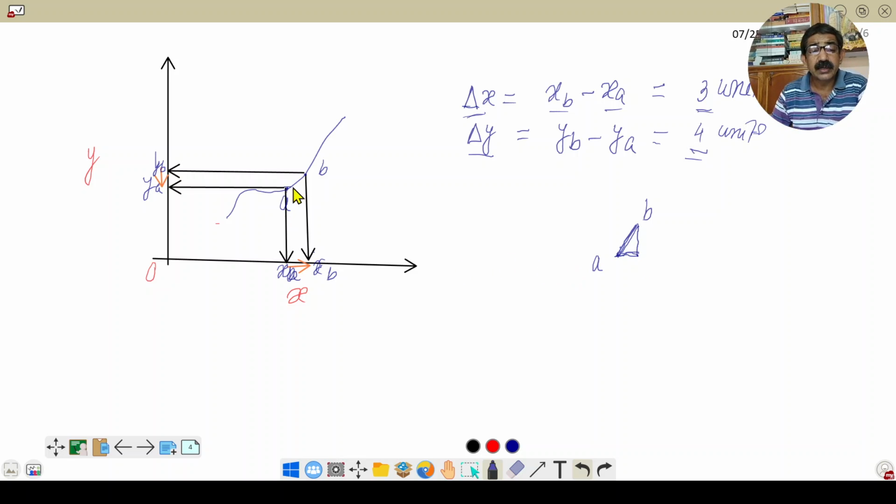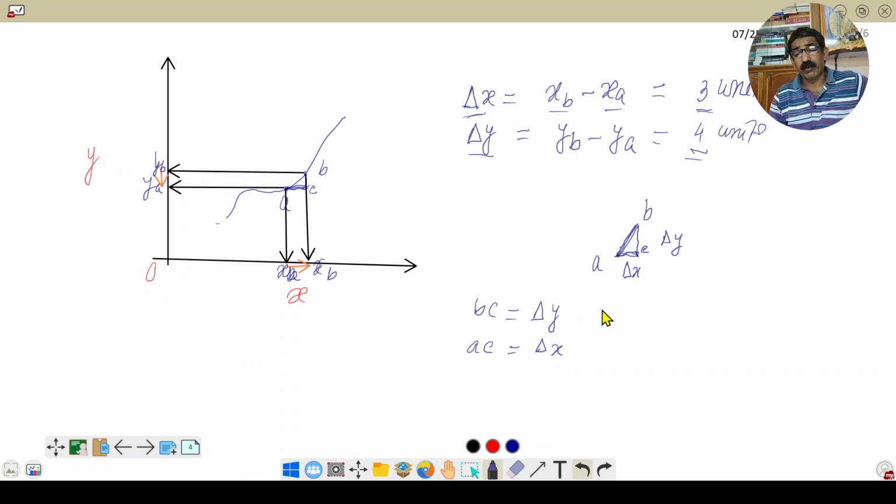One is delta x, and this is delta y. Let us give a name to this point. This is C. So BC is equal to delta y, and AC is equal to delta x.